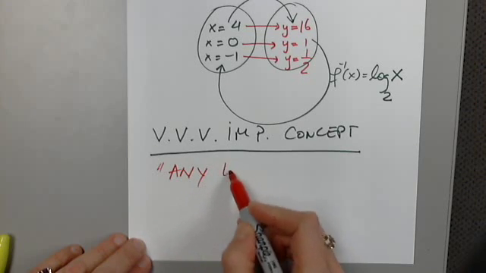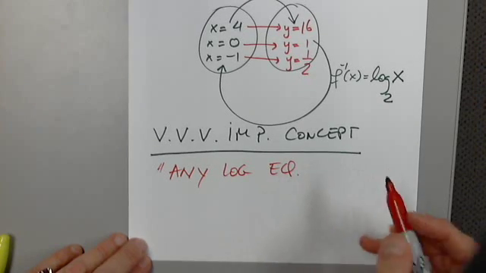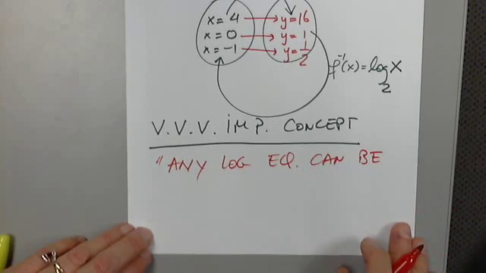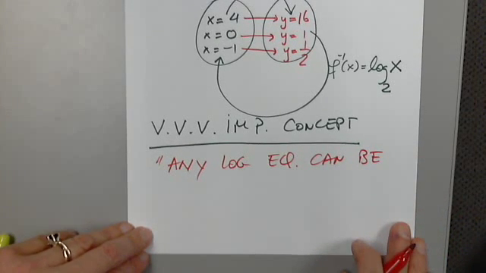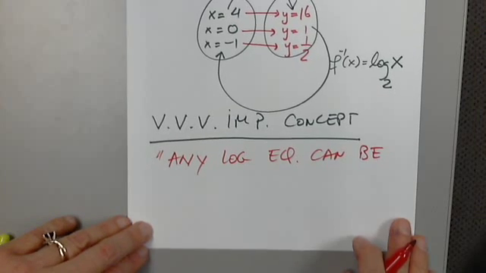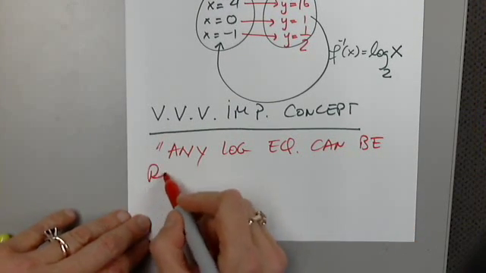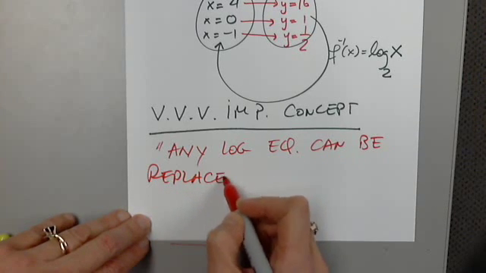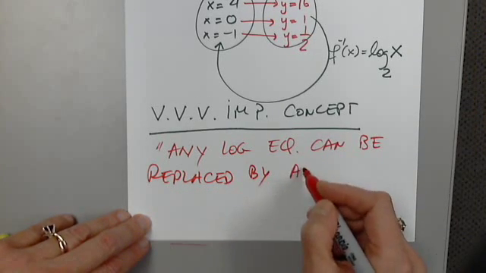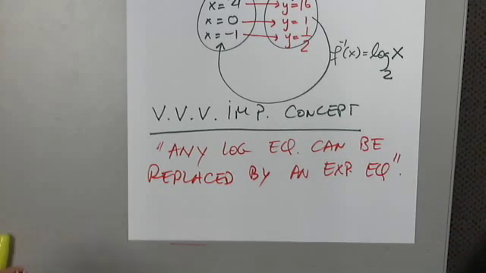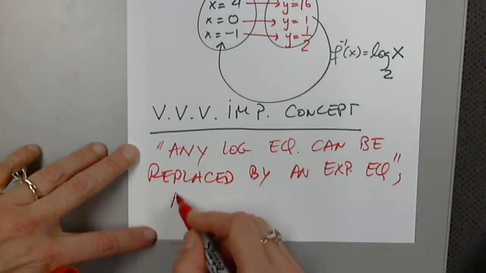Any log equation can be, and you tell me the word you want, translated into, replaced by, converted into, what do you want? Replaced by? Okay. Replaced by an exponential equation, and vice versa.